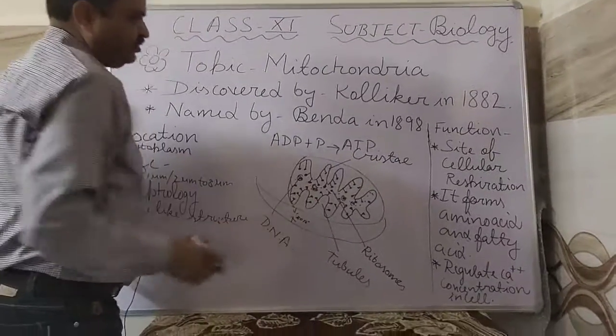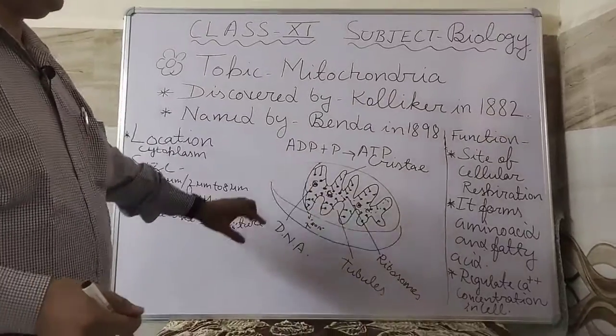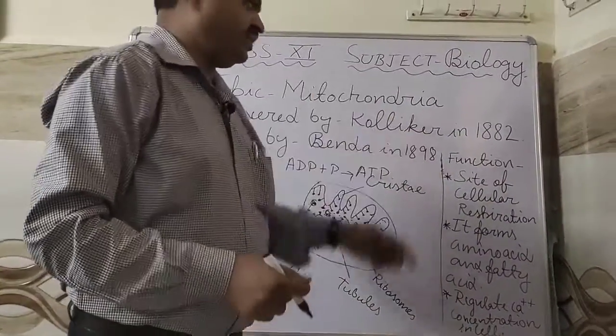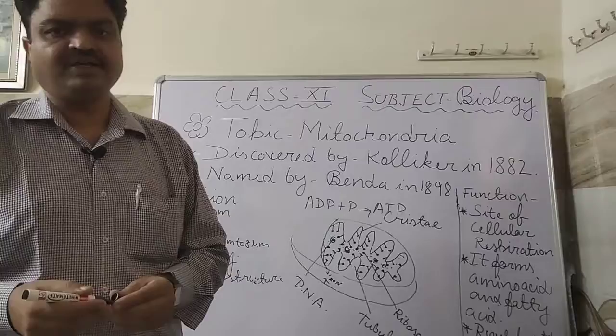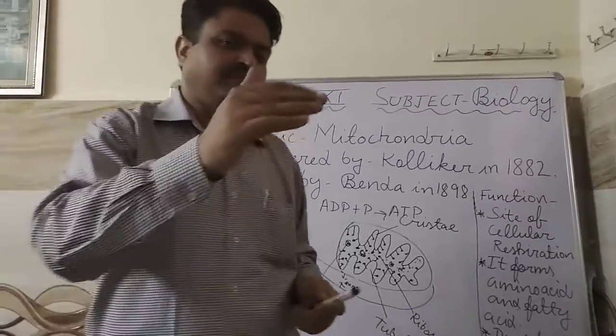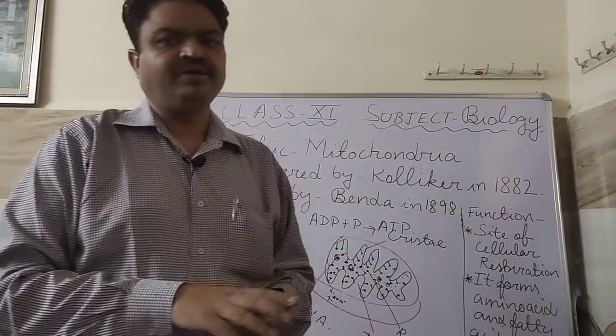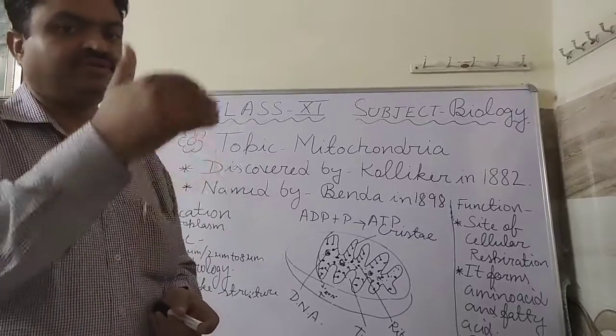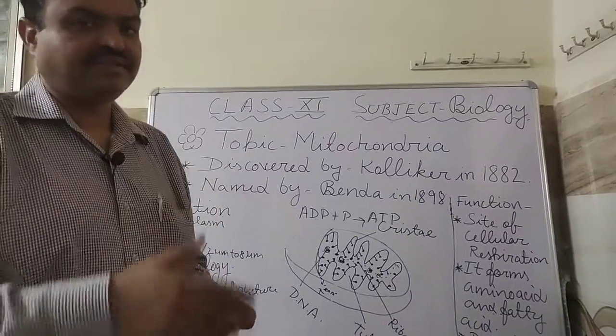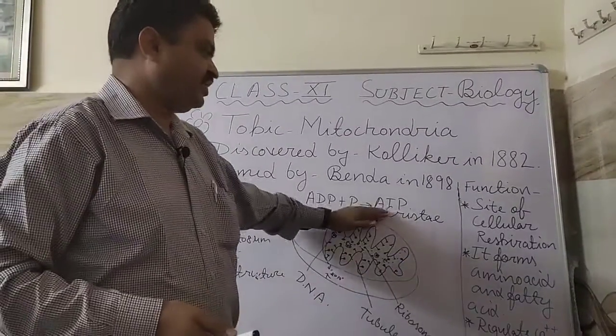Now we come to the function of mitochondria. It is the site of cellular respiration, and with the help of mitochondria, food is oxidized and energy is released in the form of ATP.